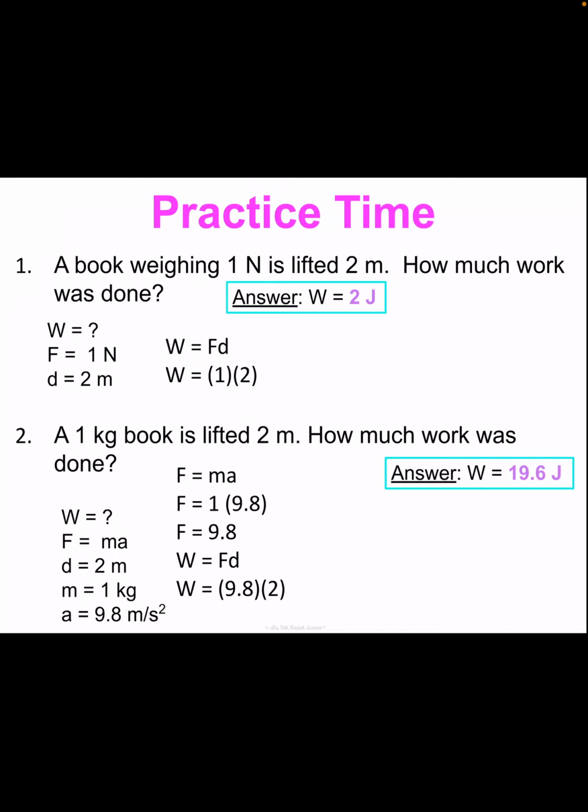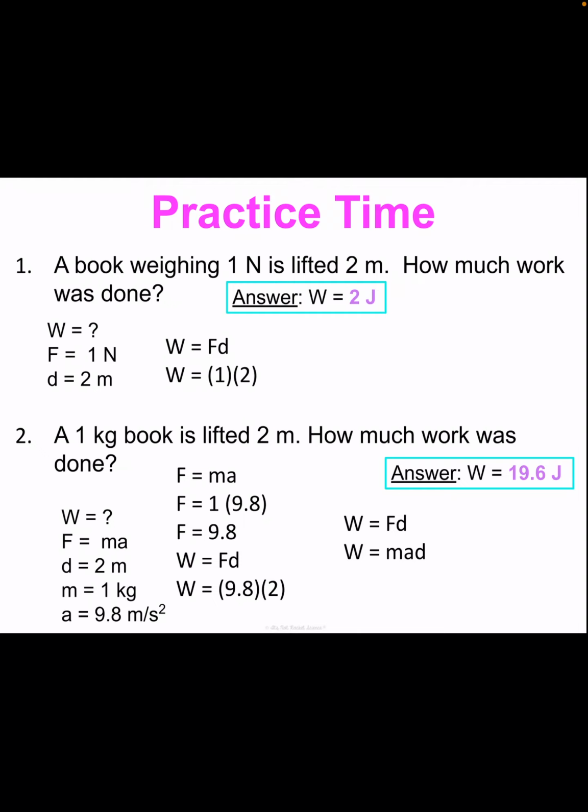So this is option 2. I'm still going to get the same answer, but it's maybe just a hair less work. So work equals force times distance. What I'm substituting here is the M times the A in for the F. So it looks like MAD, M times A times D.